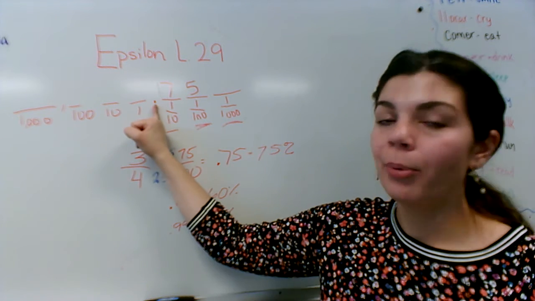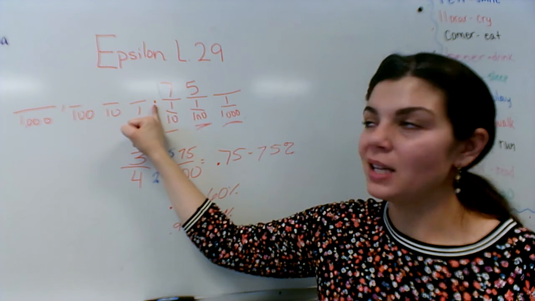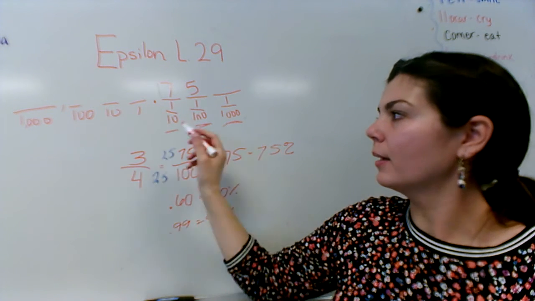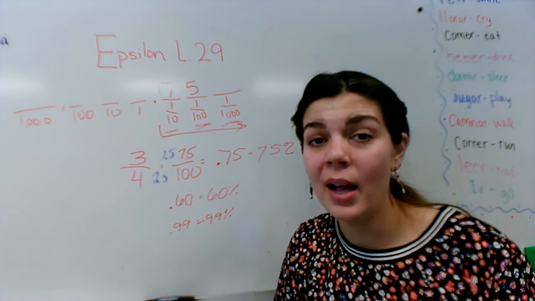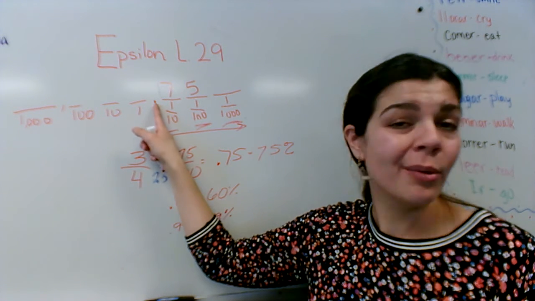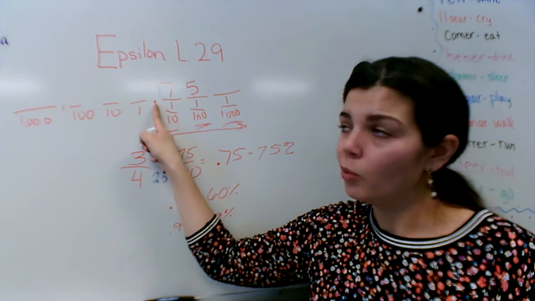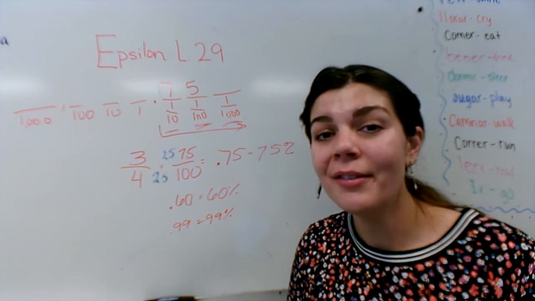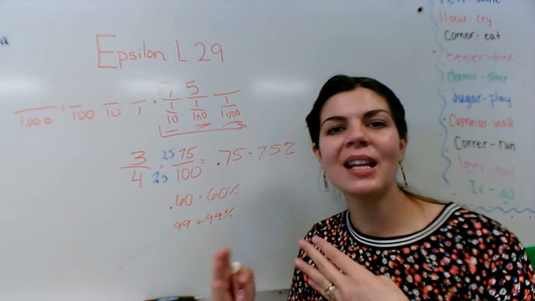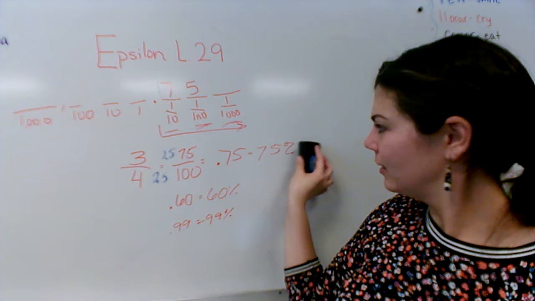We have our point. Our point means this back is a fraction. It is less than 1. The point means we're not doing whole numbers anymore. We're doing less than 1. We're doing equivalency, which means we're doing fractions that equal the same thing.